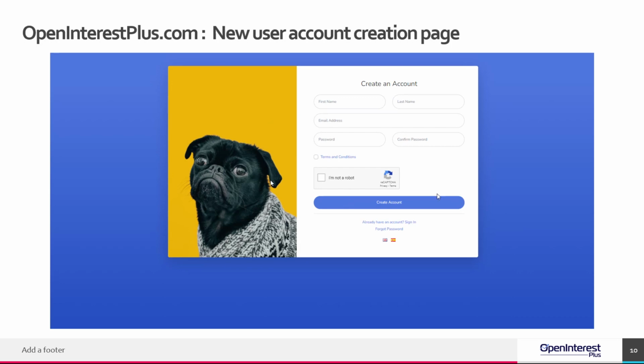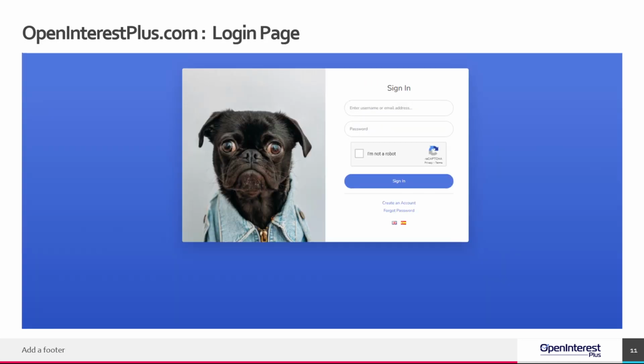Once you perform this step, you will receive an email for activation of your account, and once your email address is validated, you will be able to sign into the OpenInterest Plus web application using the same email address that you had provided and the password. We have also provided a provision in case you forget your password: you can select the option called forgot password, and key in the email address that you had provided.